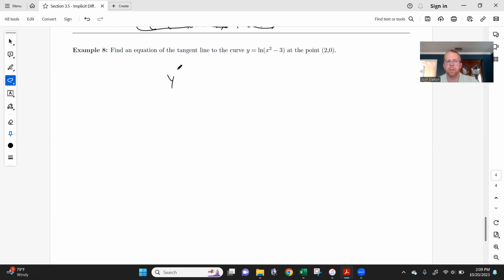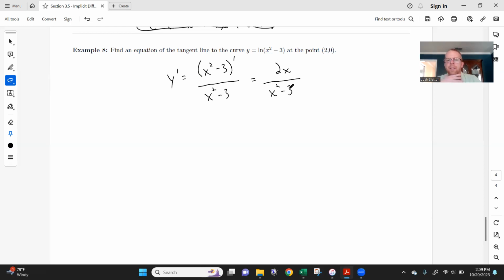So let's do that. And remember from the first couple of examples that we did, we can just say x squared minus 3 prime over x squared minus 3 for the derivative. So the derivative of x squared minus 3 is just 2x, and then over x squared minus 3. You have to be a little bit careful.